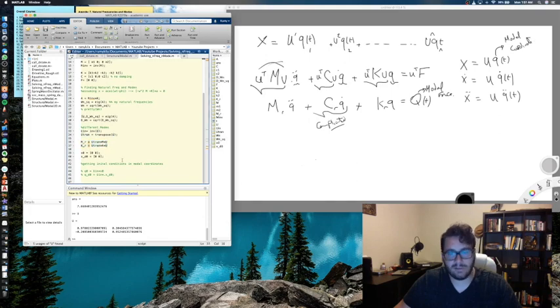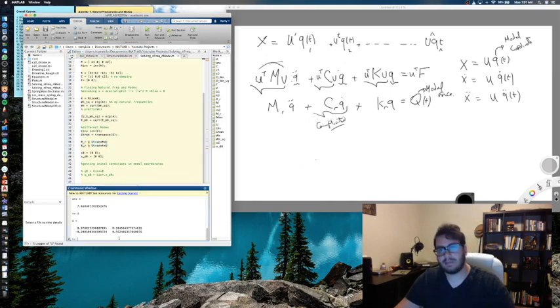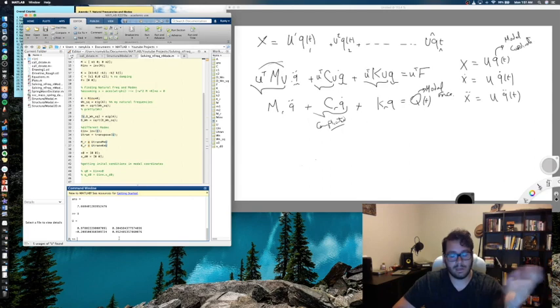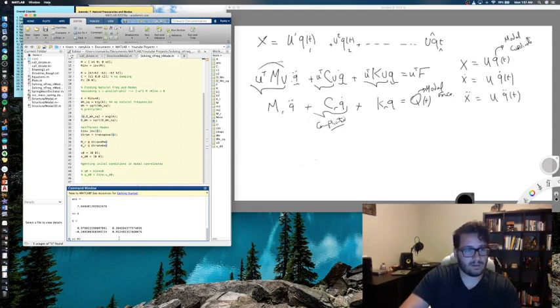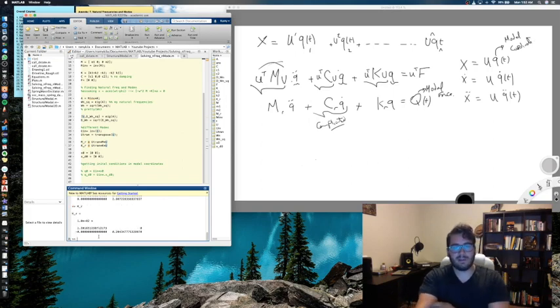Now, why would I do that? Because you can check right away that you've basically decoupled your system. If I were to look at my MR here and my KR here, and take the first value in MR, do you see how it's a diagonal matrix, by the way?